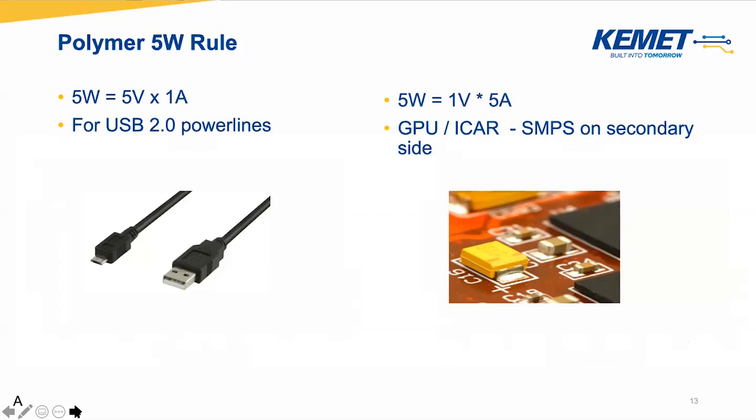My original proposal was about current, but they use the power rule. It could also be 1 volt, 5 amp if you go to auxiliary devices supporting GPUs or CPUs. So everything at a low level. Again, the product of voltage times current should be less than 5 watt. That's the story here.